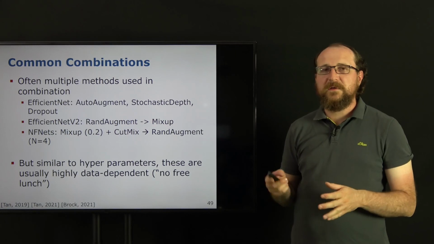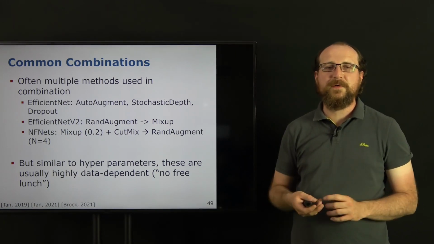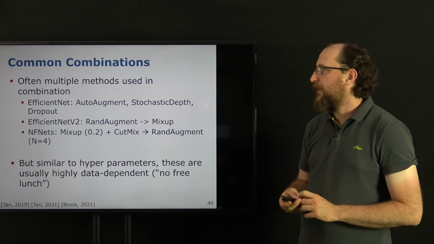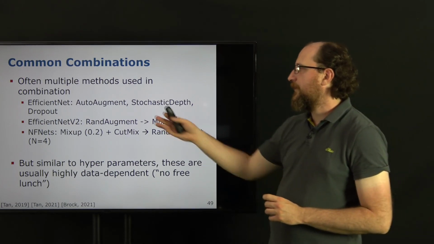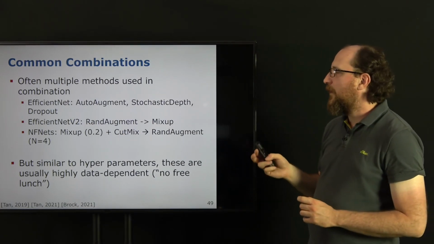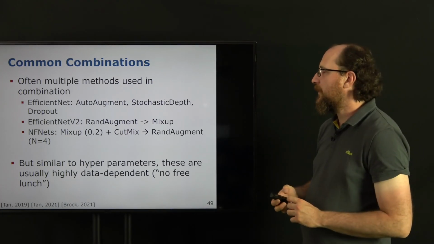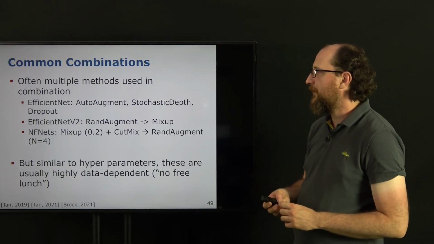But it's not only using one strategy, it's usually using a combination of multiple strategies. For instance, for the EfficientNet, they use auto-augment, which is similar to RandAugment, but specifically optimized for ImageNet, to use these specific augmentations in a specific way.